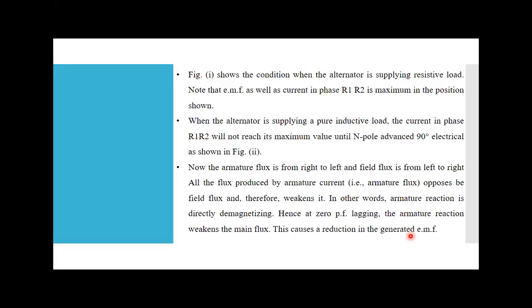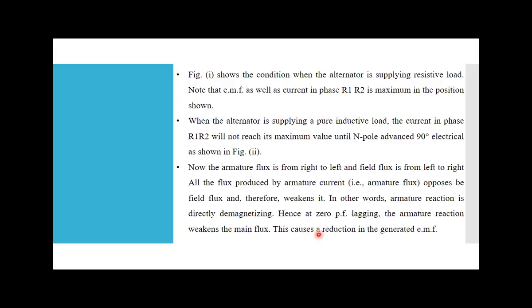So generally, the generated phase voltage always depends on the flux phi. Your EPH is proportional to phi. If your phi increases, your EPH increases, and here in the inductive case your phi decreases, so your EMF also decreases.